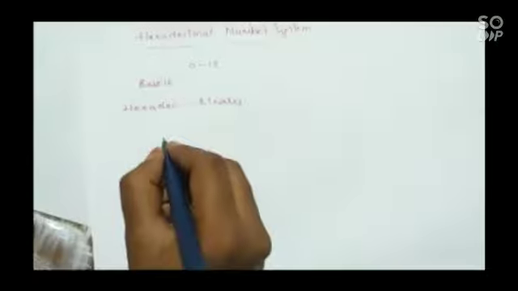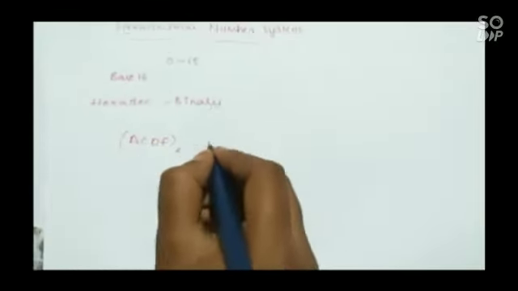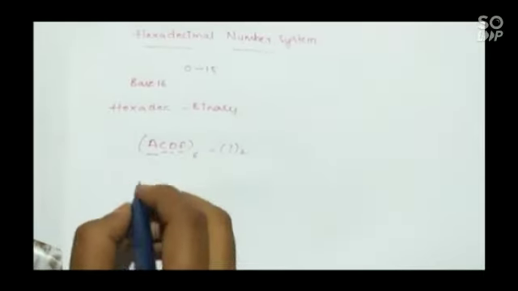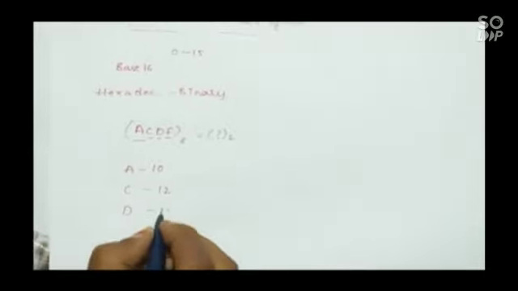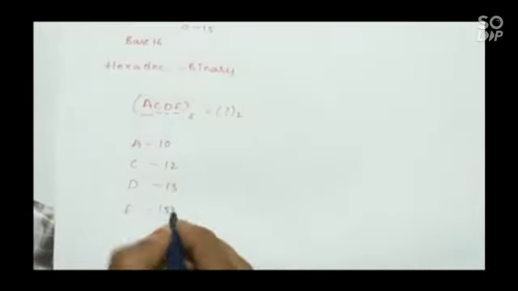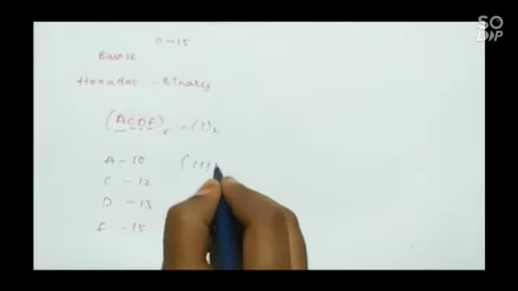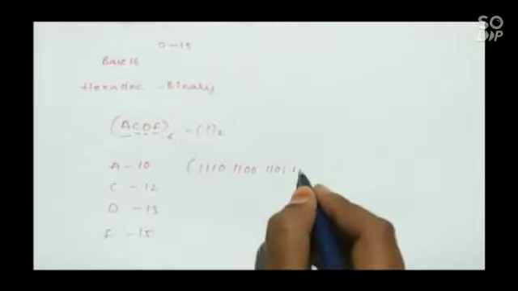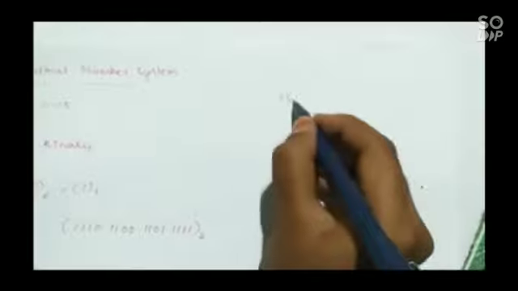Let us take one example. As you all know, A, C, D, F: we will represent A as 10, C as 12, D as 13, F as 15. So here we will convert it into binary: 1110, 1100, 1101, 1111 base 2.